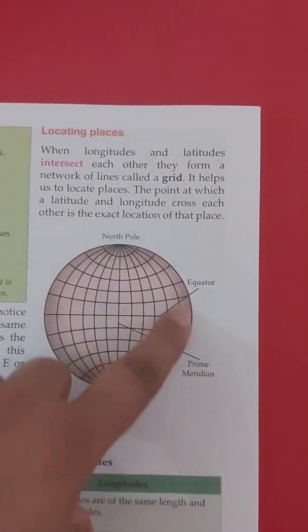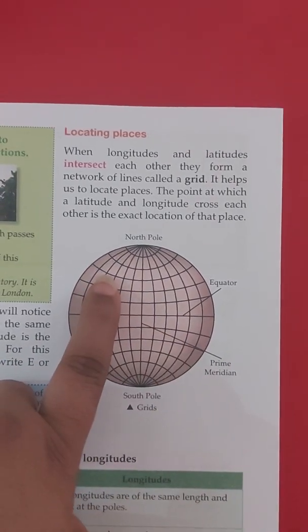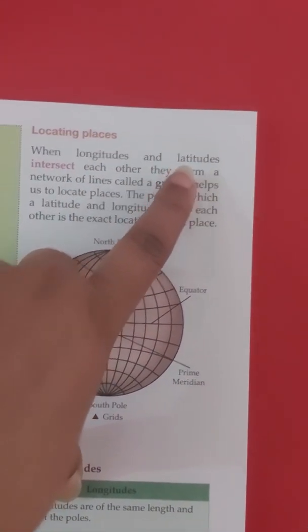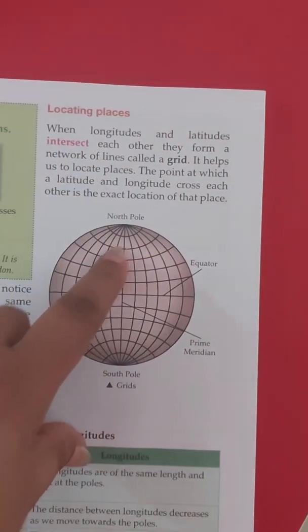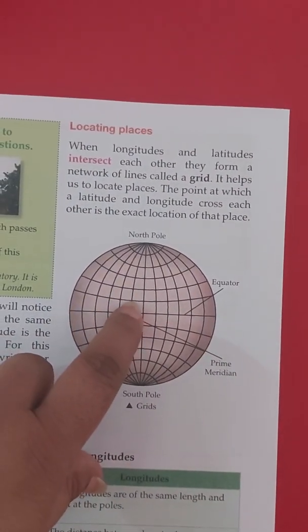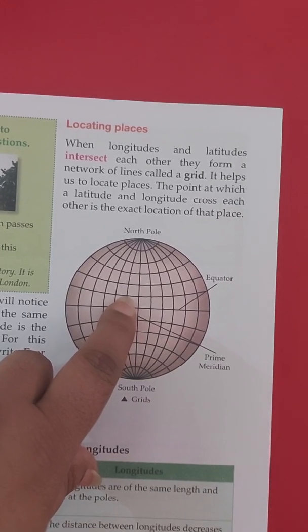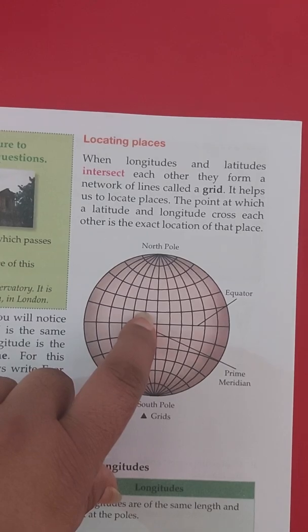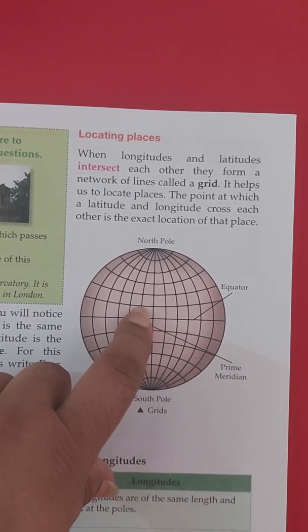Then how can we locate a place on earth? With the help of longitudes and latitudes. When they intersect, meaning when they cut each other, the point where they are crossing each other is the exact location of that place.